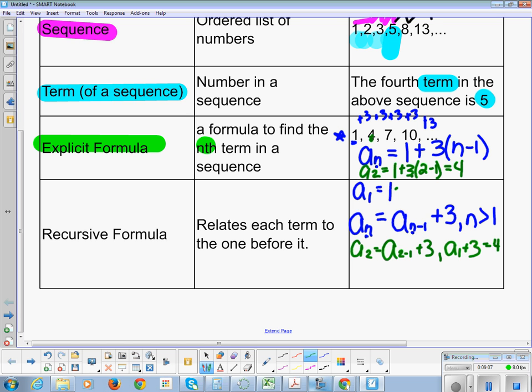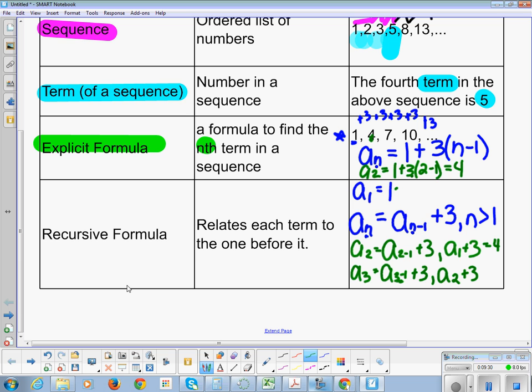Then I find my third term. So that's my A value with my little n becoming a 3. I'm going to subtract 1 from that little 3, and I'm going to add 3 to the whole thing. So 3 minus 1 is 2.